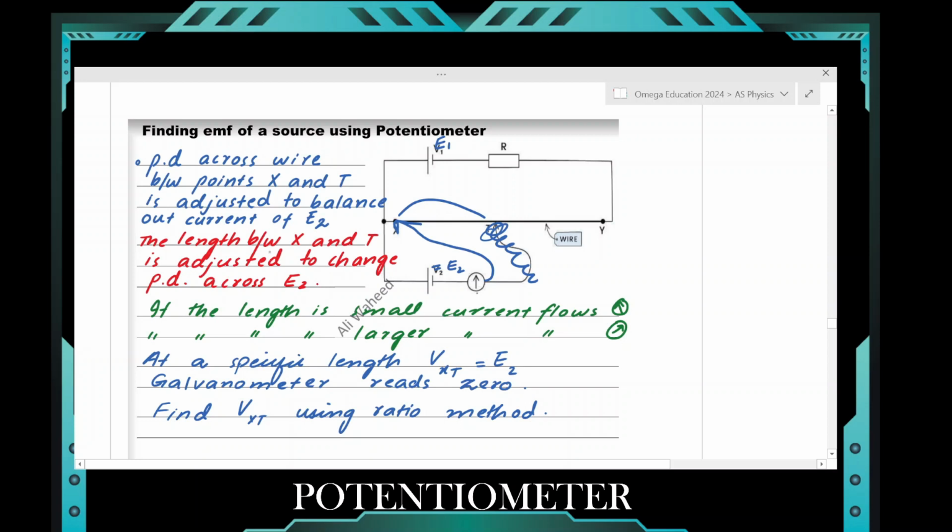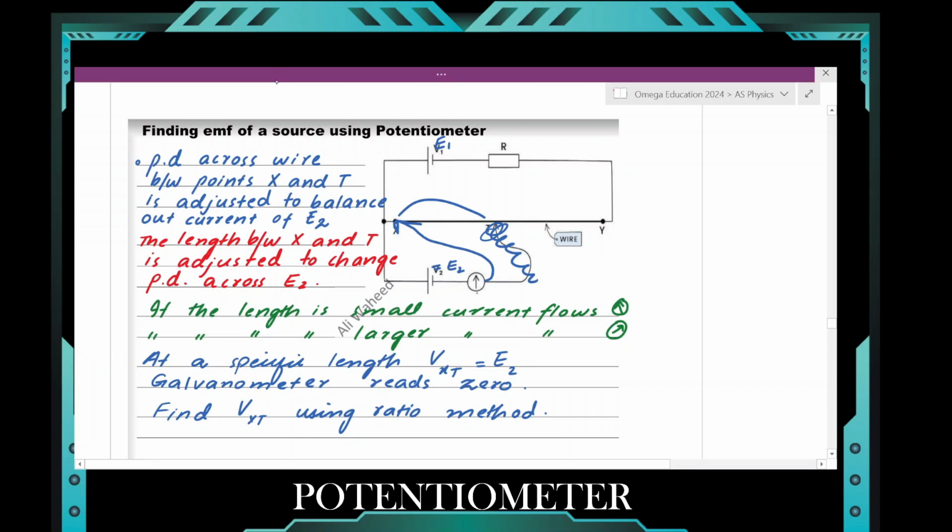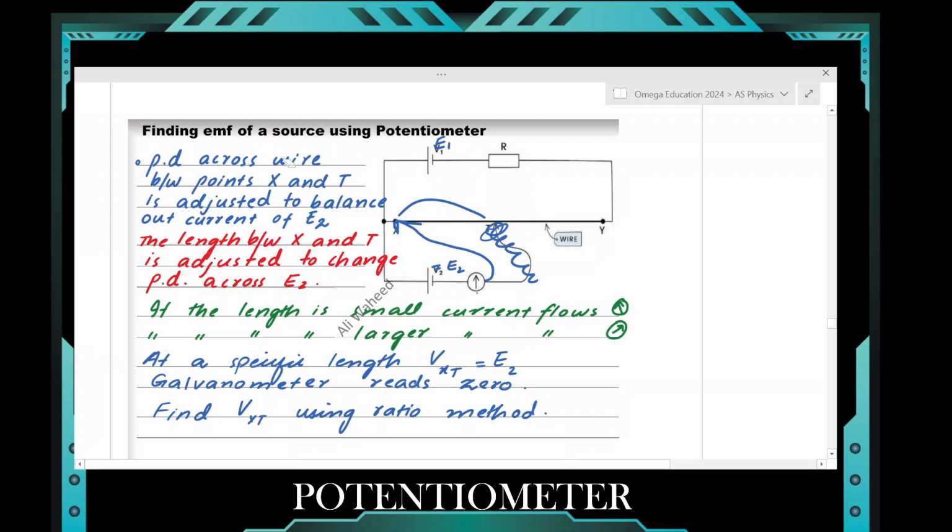The potential difference across xt would be 0, and the current would start flowing through the galvanometer, because this time the potential difference is not the same. This is the most important thing: at a specific length, this voltage would equal the EMF of the battery, and then the galvanometer would read no current. All we have to find is the voltage between x and t.